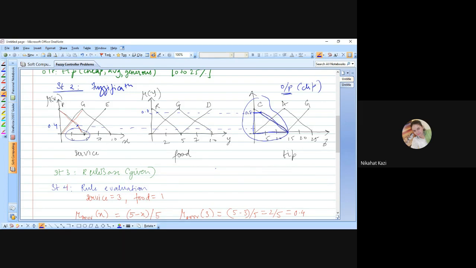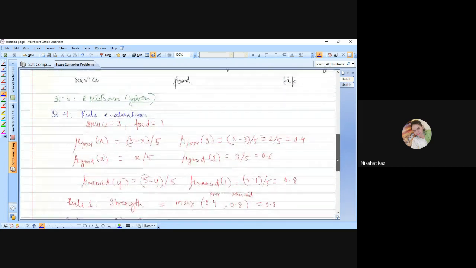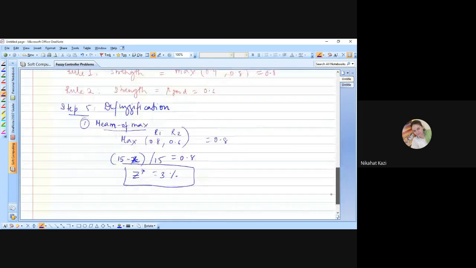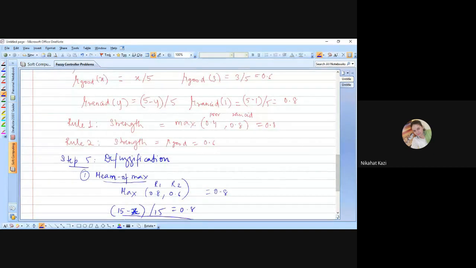What is the centroid of this area? Should it be this area? See, this is mean of max, not this area. It is something else. For mean of max, we considered this. But there were two rules, right? This was one rule, this was the other rule. There is one rule still remaining. Since it was mean of max, we eliminated this rule. For mean of max, only the max is considered.